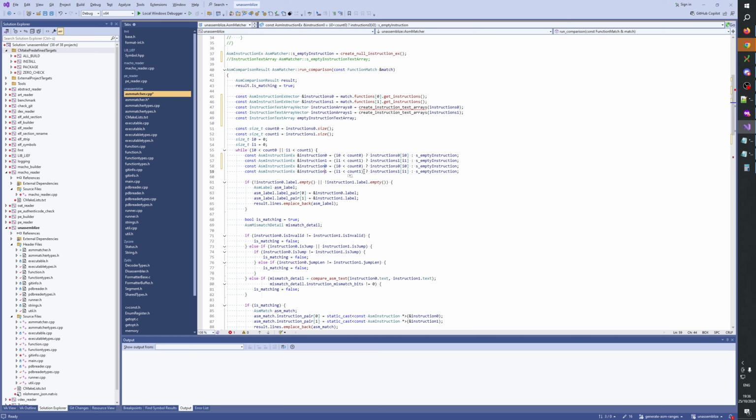So instruction array 0, 1, count instruction arrays. And then we do empty instruction text array. So this will be this.